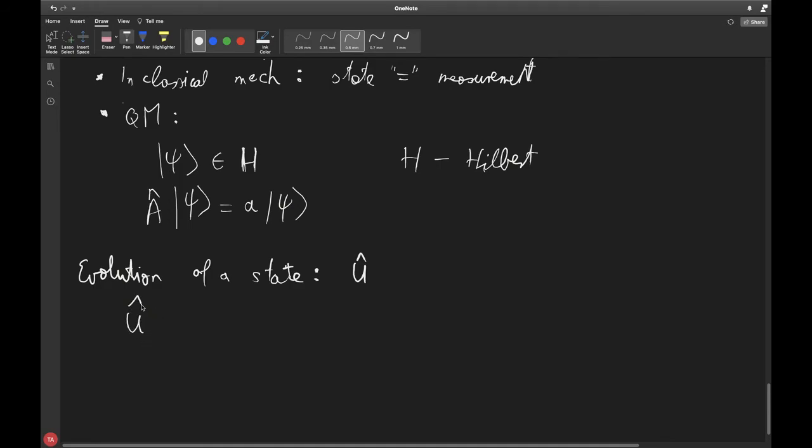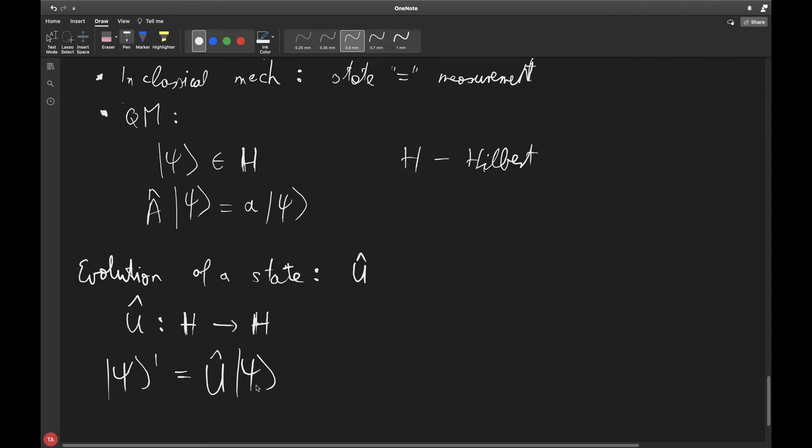So what this U does is that it moves an element of the Hilbert space into an element of Hilbert space as well. So essentially, when we get a new state, let's just call it psi prime, we do that by acting on the original state psi with this U operator.